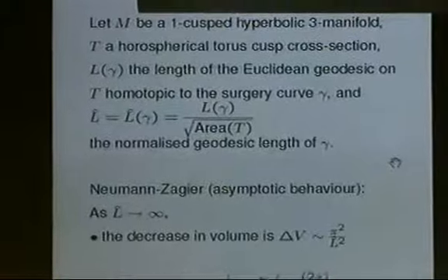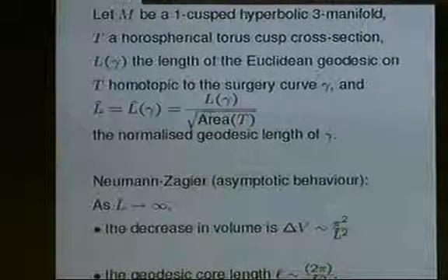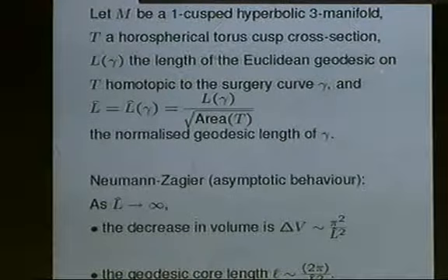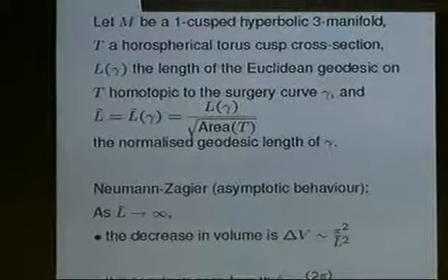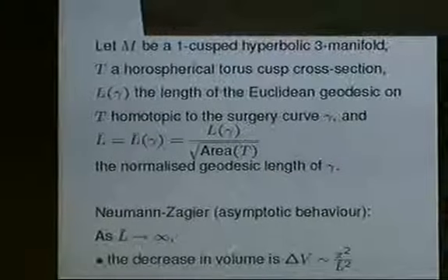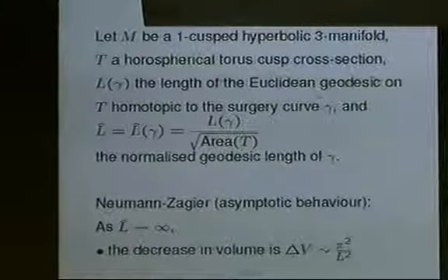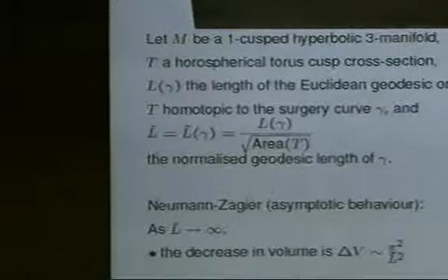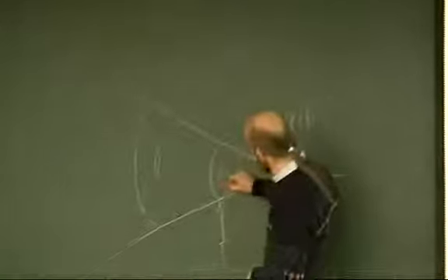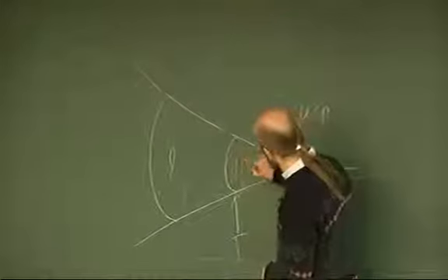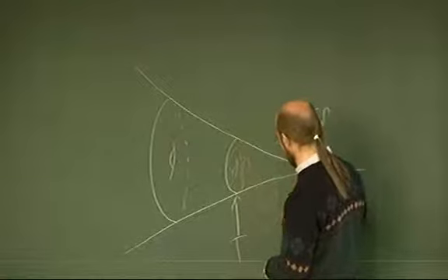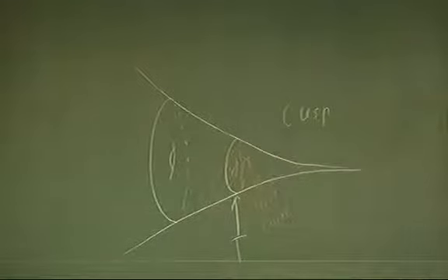We can look at the length of the surgery curve by measuring the length of the corresponding Euclidean geodesic. So on this torus, we've got some curve that we're interested in. This is gamma, our PQ curve, the thing that's going to bound a disk.